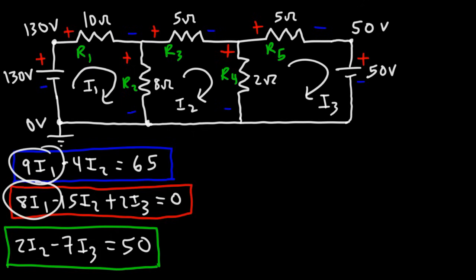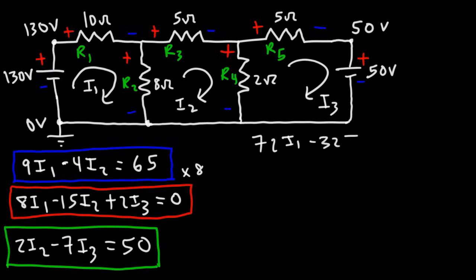That's going to give us an equation with I2 and I3, and then we'll combine that with equation 3. So what we're going to do is multiply this equation by 8. So 9 times 8, that's 72. 4 times 8 is 32. And then 65 times 8, that's going to be 520.